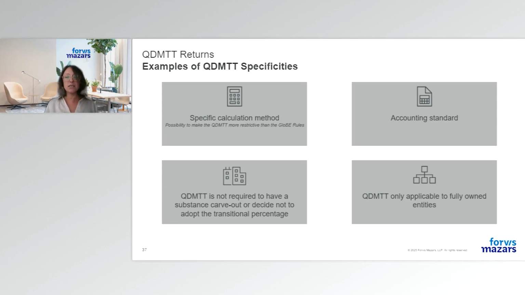So this is really game-changing to assess the top-up tax exposure within the group or within a jurisdiction. And the QDMTT may be applicable only to fully owned entities, like in Australia, if I'm not wrong. So there are differences, and the amount of QDMTT paid locally can differ from the amount of top-up tax calculated under the IIR.